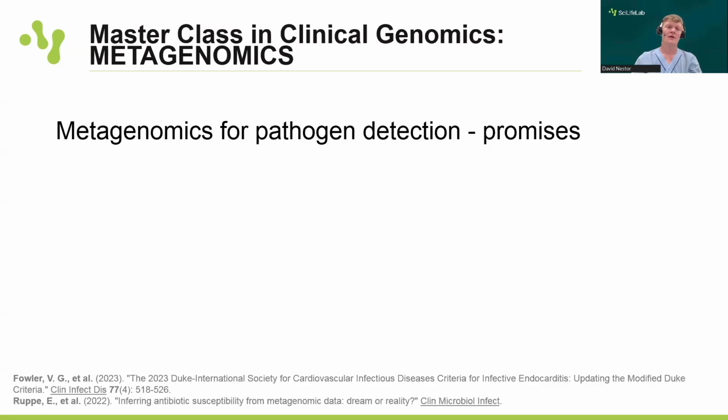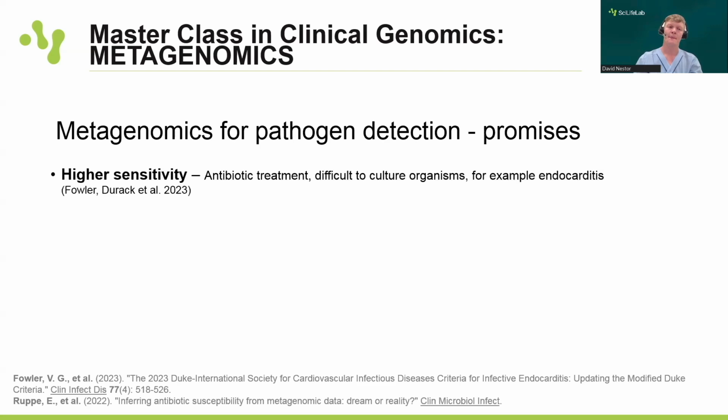So what are the potential promises for using metagenomics? First, we have the possibility of higher sensitivity with metagenomics than with, for example, culture. For example, in patients who are on antibiotic treatment, who might not have viable bacteria, or with difficult to culture organisms like intracellular bacteria or viruses.